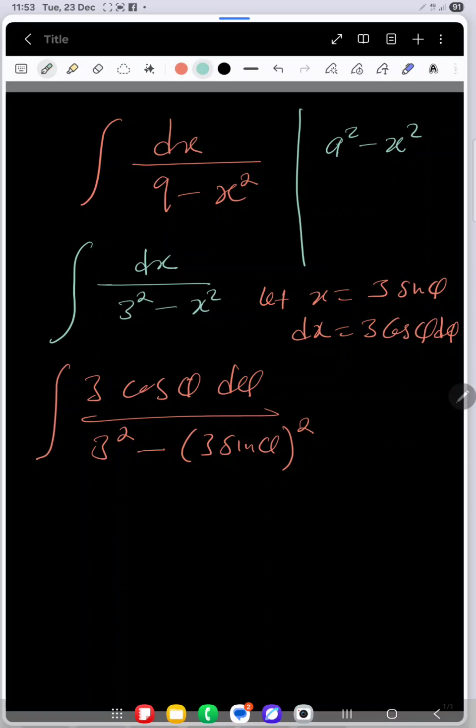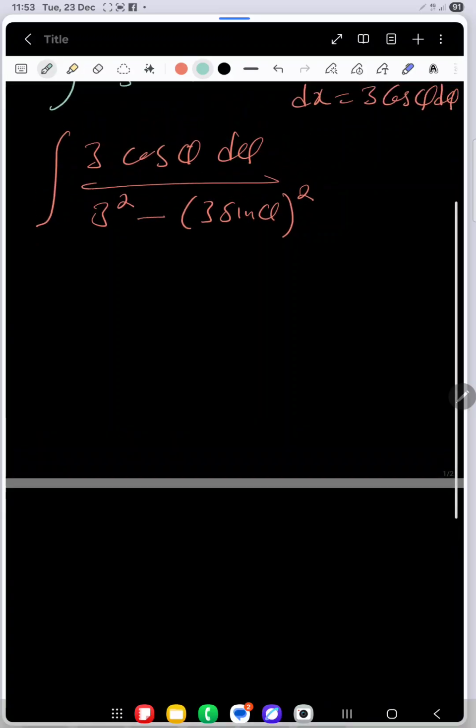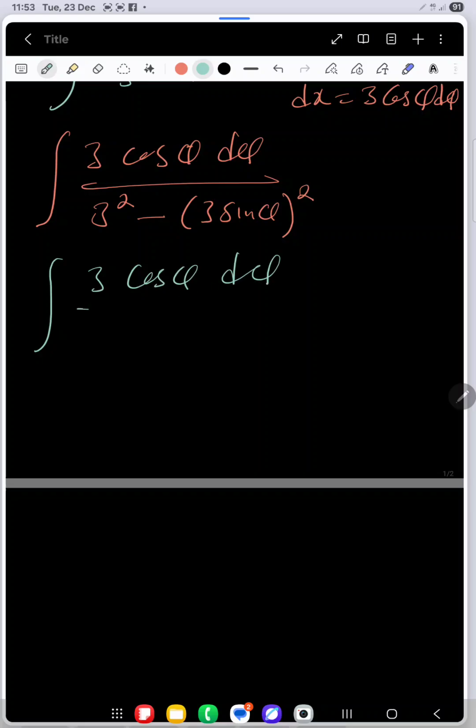By doing so, we are going to have the integral of 3 cos theta d theta on top over the 3 squared, we can say it's 9, minus 3 squared also is 9, sine theta squared is sine squared theta.